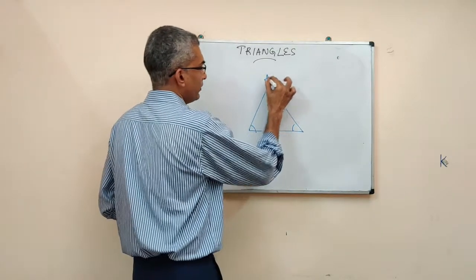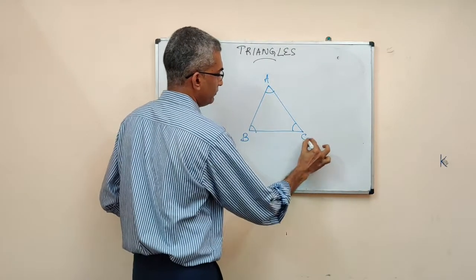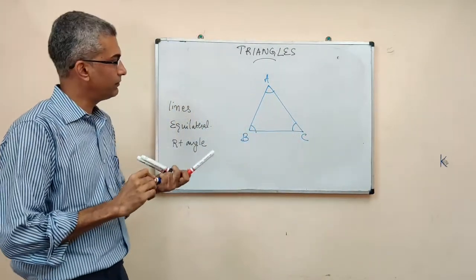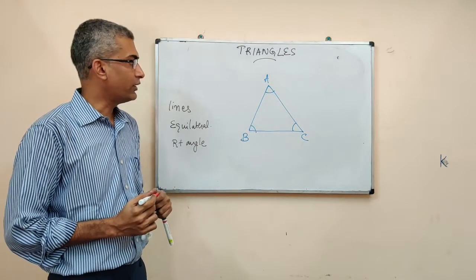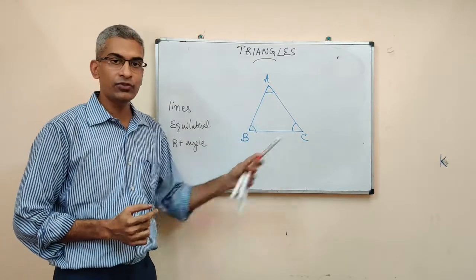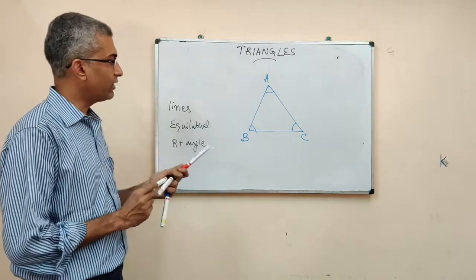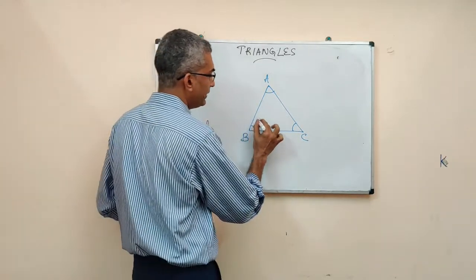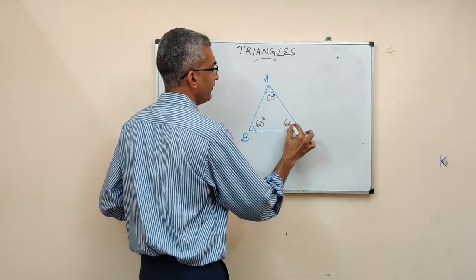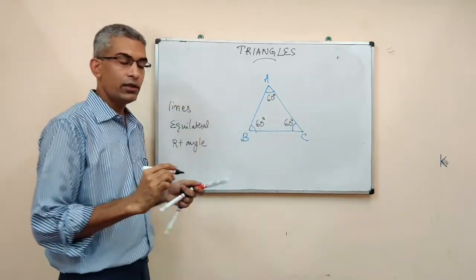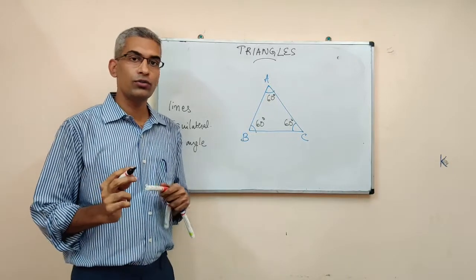If I take this triangle as ABC, all sides are equal, all angles are equal. Sum of these three angles should be 180. So each angle will be equal to 180 divided by 3, 60 degrees. So in an equilateral triangle, the internal angles are all 60 degrees.